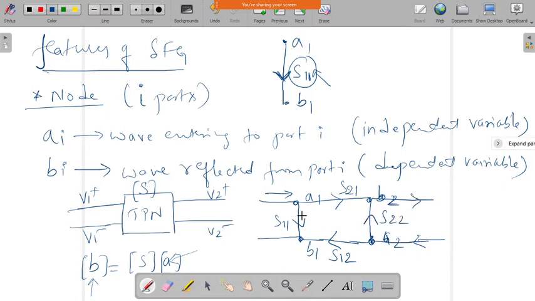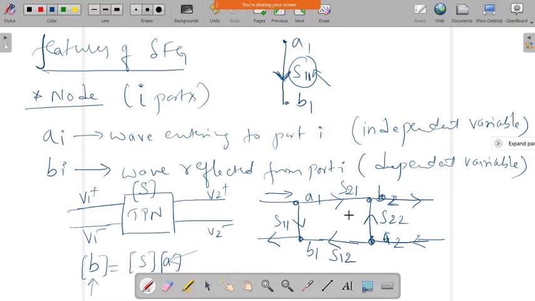Okay, so this is the representation for the two-port network in terms of the nodes. That is reflected voltage B1 and reflected voltage B2, and incident voltage A1 and A2. In terms of these we can represent the signal flow graph like this.